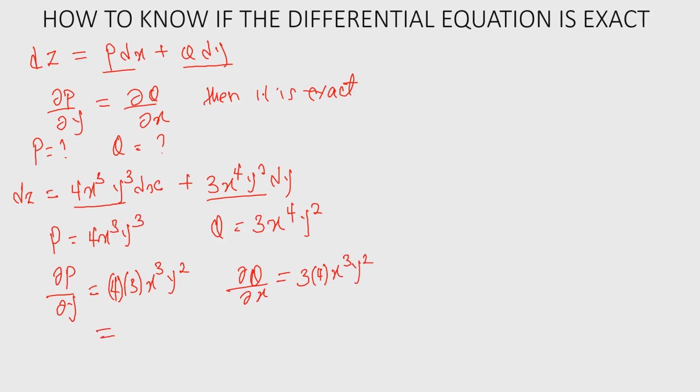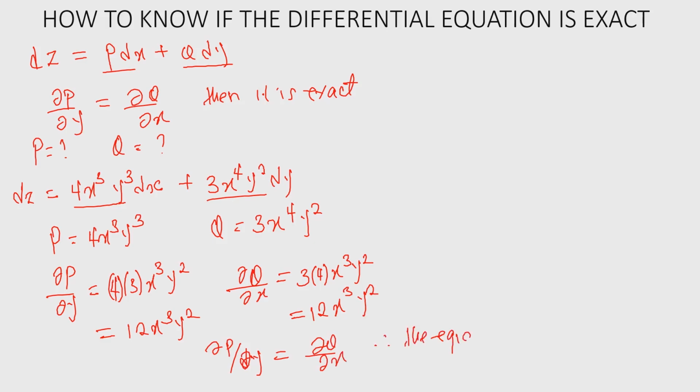So which is what? 12x^3 y^2, and this one will give me 12x^3 y^2. As you can see, dP/dy is equal to dQ/dx. So therefore the equation is exact.